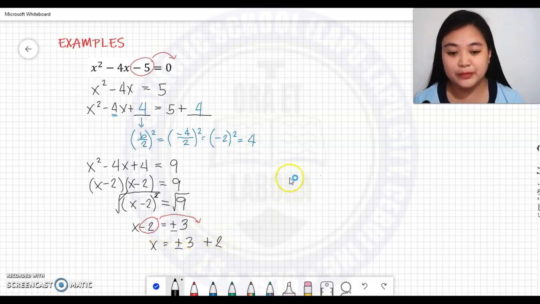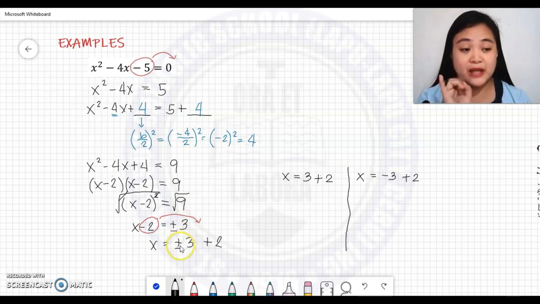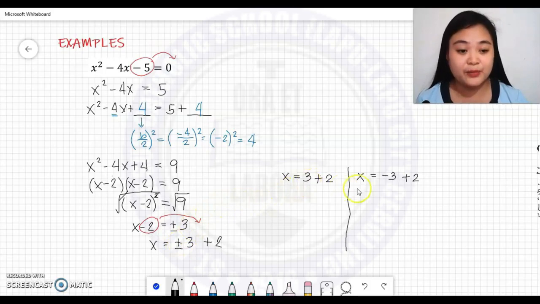It could be x equals positive 3 plus 2. This is the first. And the second would be x equals negative 3 plus 2. Why? Because the 3 here has two values. It could be positive 3 or negative 3. That's why it's plus or minus.